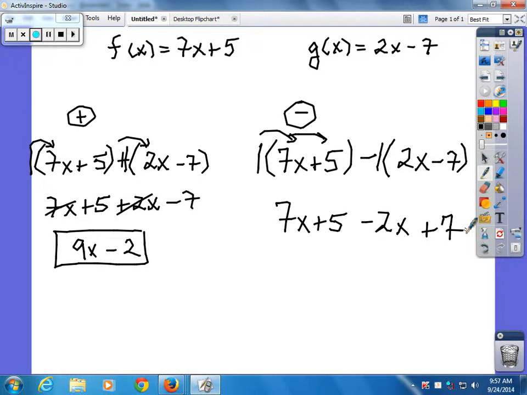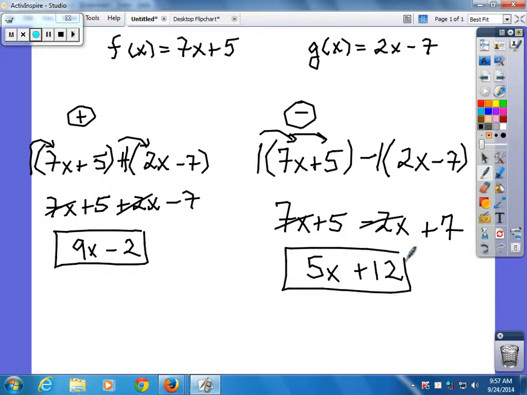What's 7x minus 2x? 5 plus 7? And that's your answer there. Domain, all real numbers. Range, all real numbers.